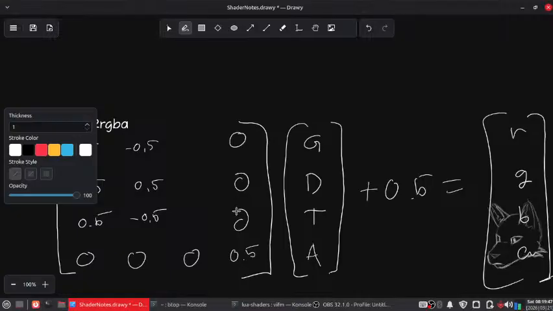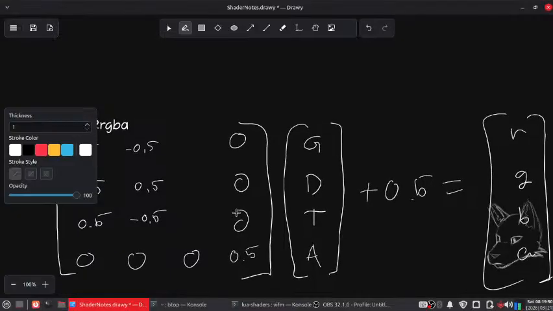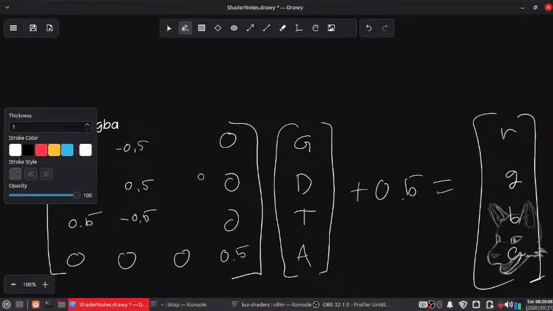I guess this is like exposure. I don't know how to describe it, because it's a green-purple scale. Right? It's a green-purple scale.